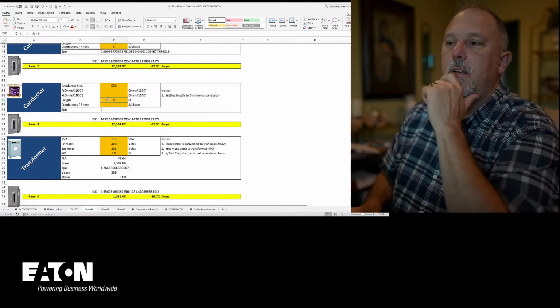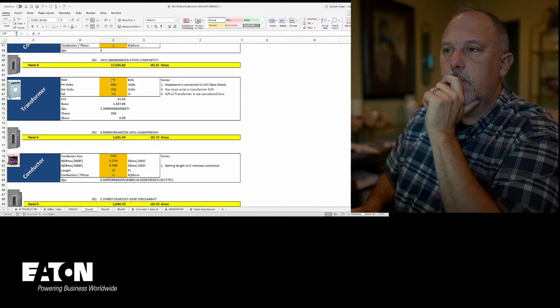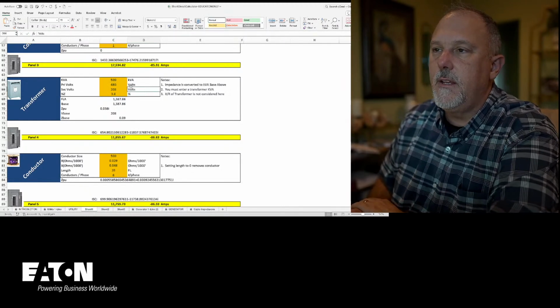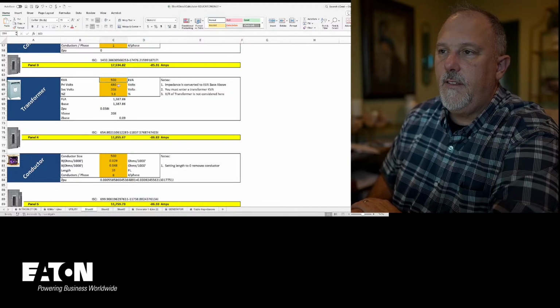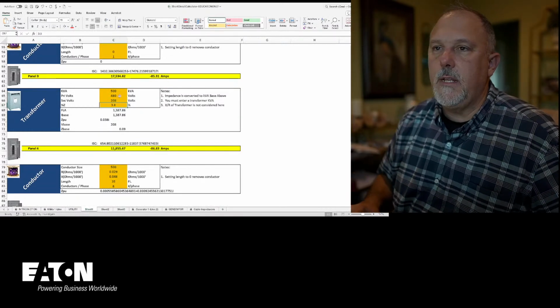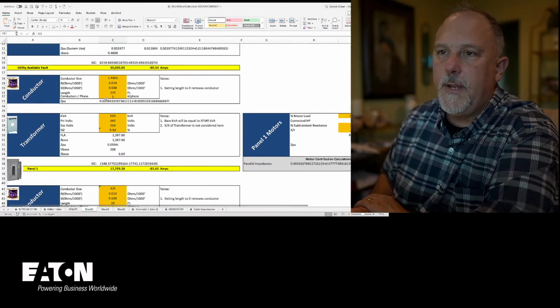So if I go to the transformer, I got 500 kVA, 480 to 208. My percent impedance. Oh, wait a second. I got it up here.